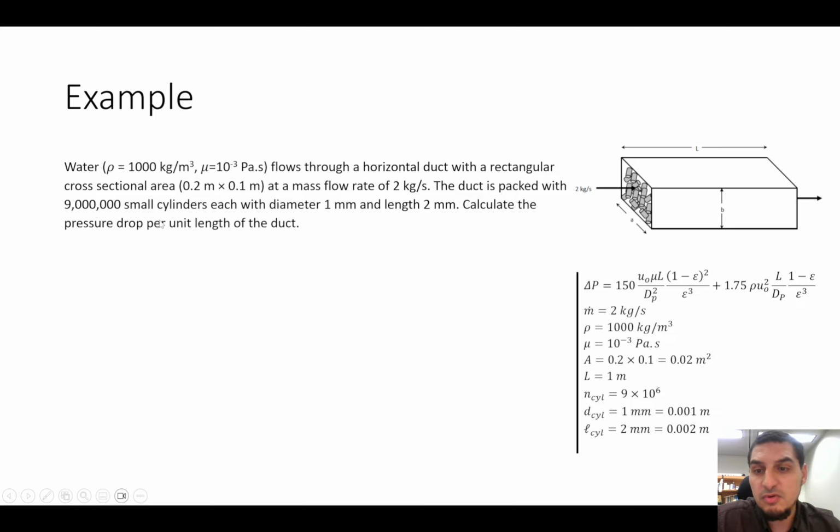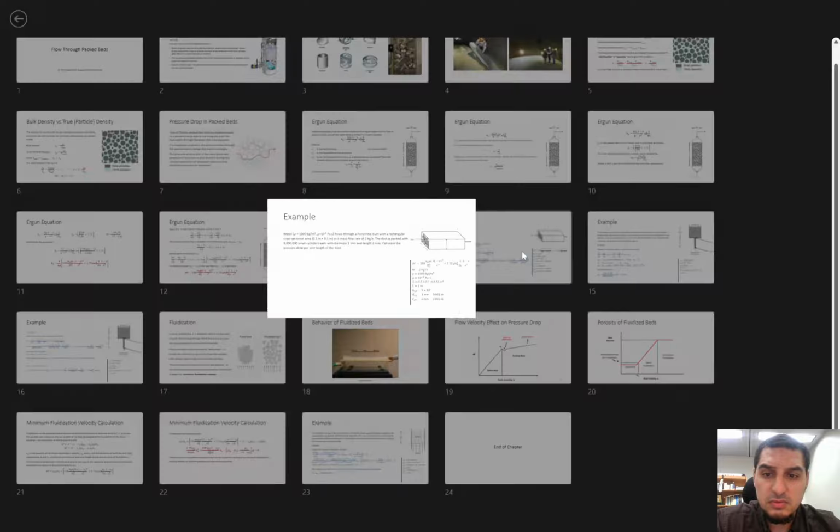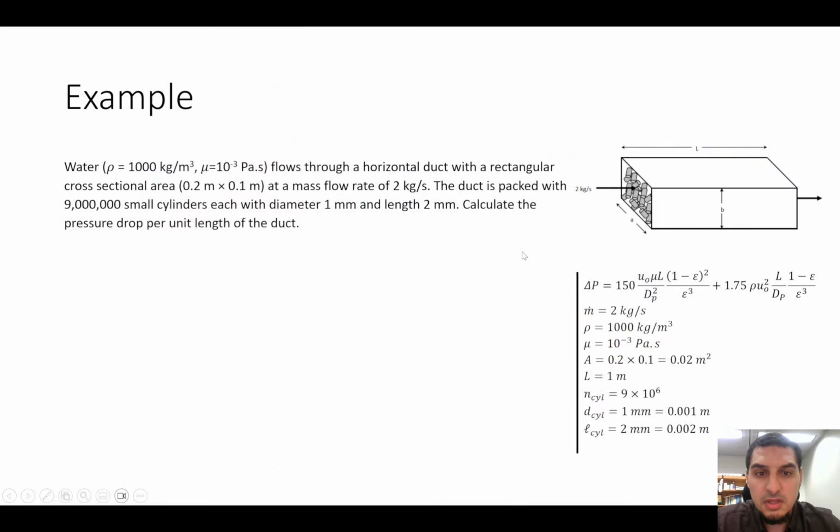So this is the shape of the particle of the packing in the bed, and it has a diameter of 1 millimeter and length of 2 millimeters. So each one of these cylinders has diameter of 1 millimeter and length of 2 millimeters. And we want to calculate the pressure drop per unit length of the duct.